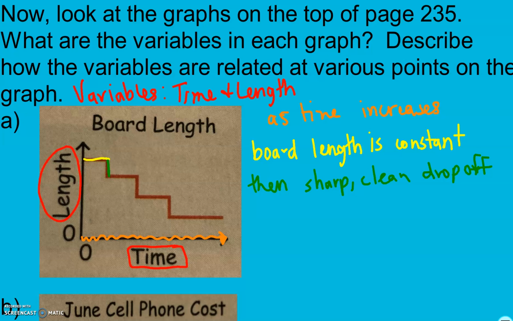So that happens when we cut the board. And then it happens again. Same length, it's constant, and then a sharp, clean drop off, a cut. Then it's the same until a sharp, clean drop off, and then it's the same.